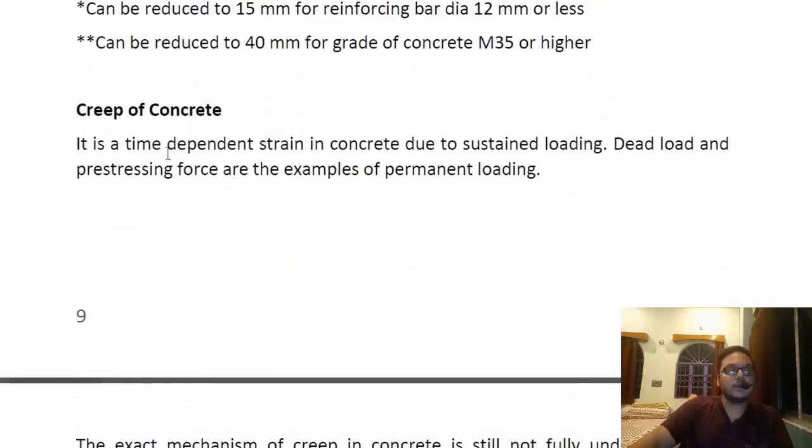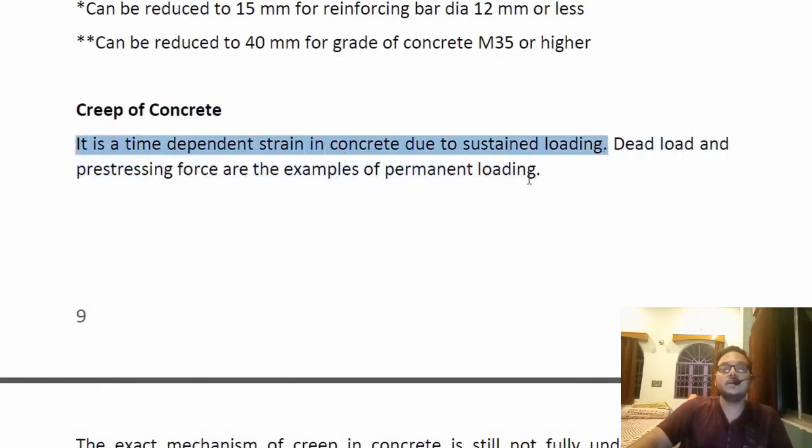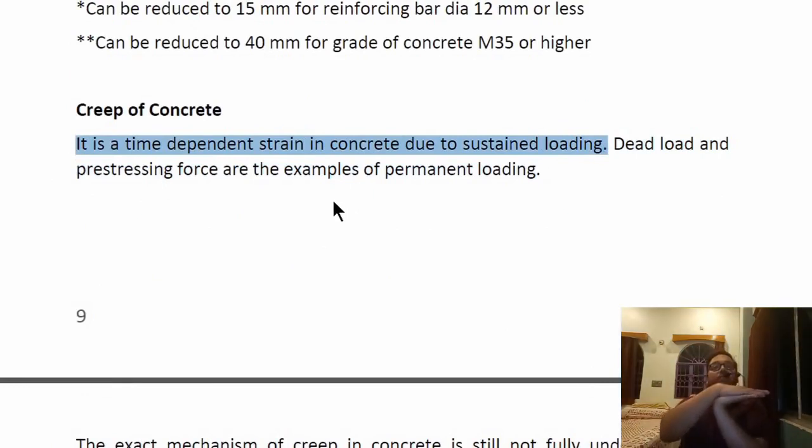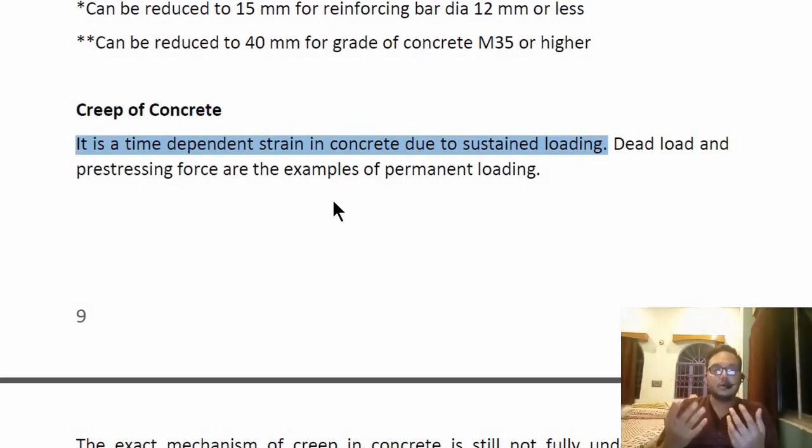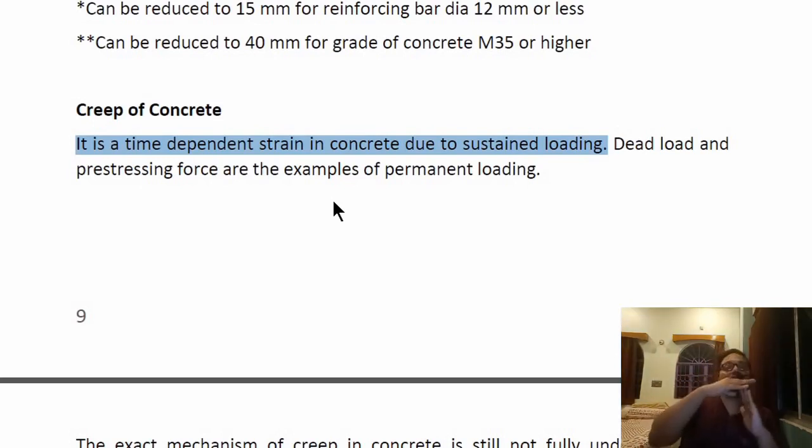Next is the creep of the concrete. So what is the creep of the concrete? It is a time dependent strain in concrete due to the sustained loading. Suppose a concrete is kept under a sustained loading. Suppose I consider a beam or a column of a particular house, so over the years it is subjected to some sustained loading, and it is expected that it will develop a certain amount of strain.